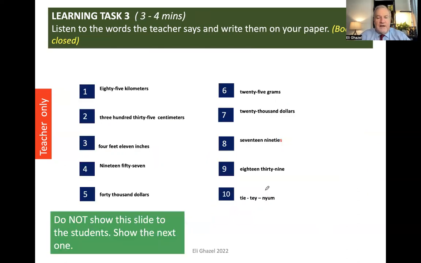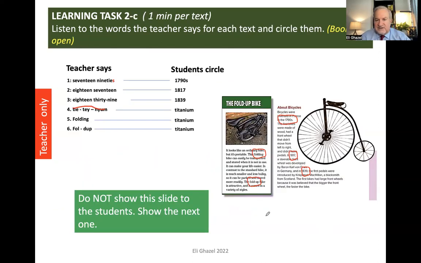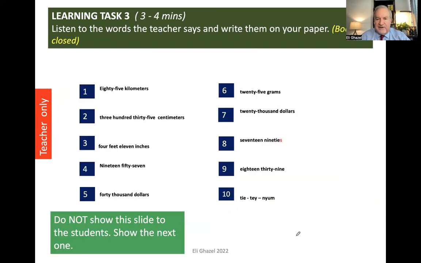Now, we move to the next task. The books have got to be closed again. So the students already saw these words, they circled them, now they're recognizing them. Here is what you want them to do. You say, listen to the words the teacher says, and now write them on your paper. So you're going to say, number one, 85 kilometers.